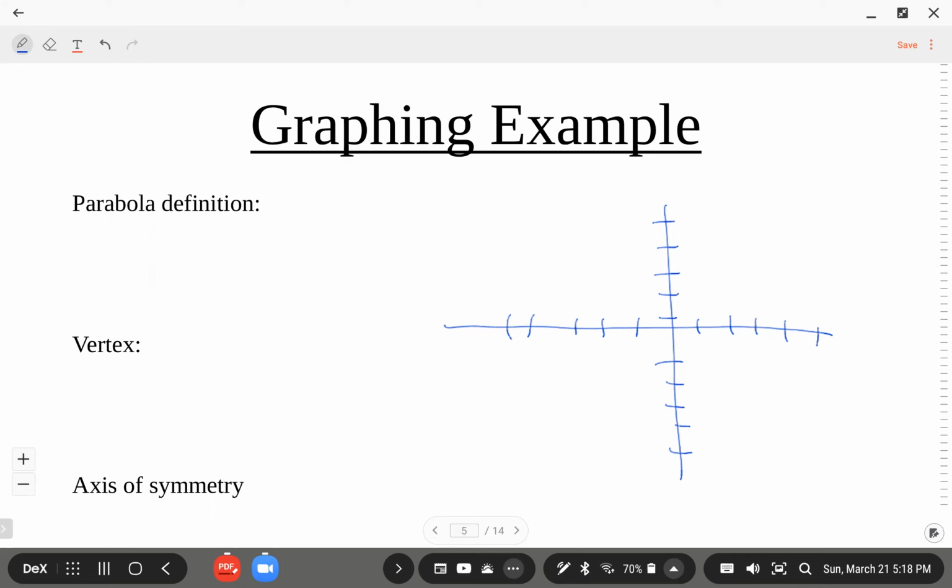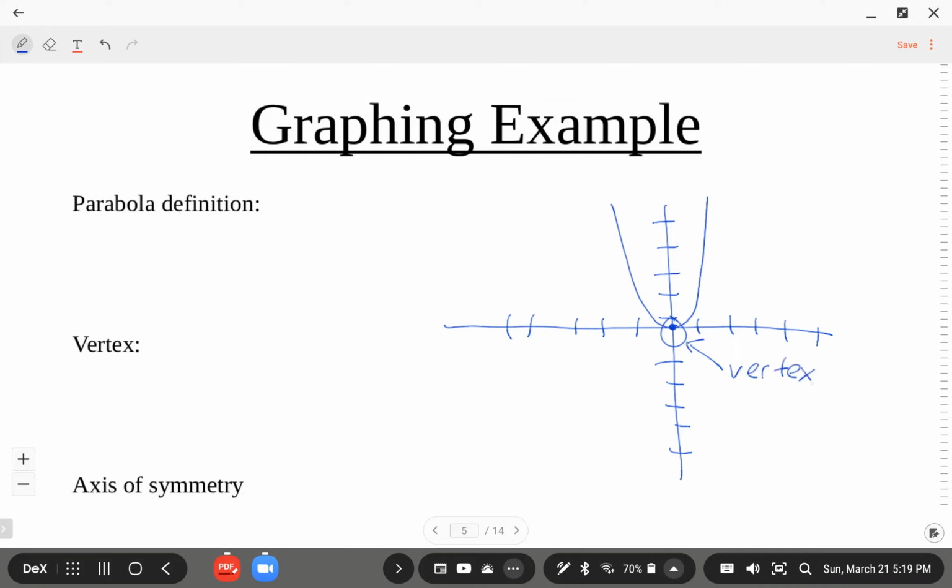So a parabola is going to be, here's the vertex. There's always a vertex, and that is basically the lowest or the highest point on your parabola. Basically a U-shaped graph here. You can see it extends from this vertex here. Well, this is going to be the vertex.